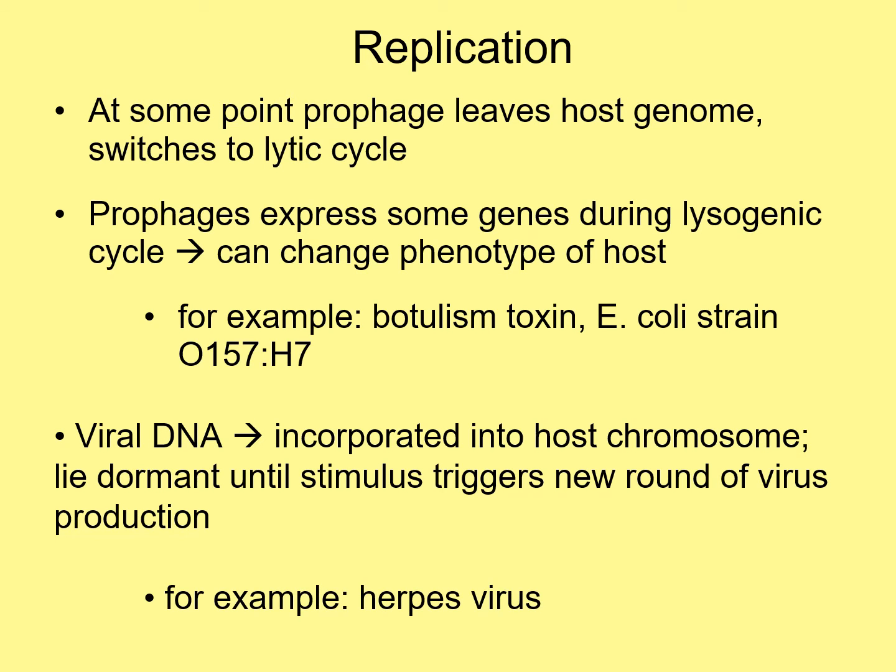So this also can occur in eukaryotes, right? We have temperate viruses as well that are using the lysogenic cycle in addition to the lytic cycle, and that virus can incorporate itself into the host chromosome, which of course is our DNA, and lie dormant for a long period of time until something triggers a new round of virus production.